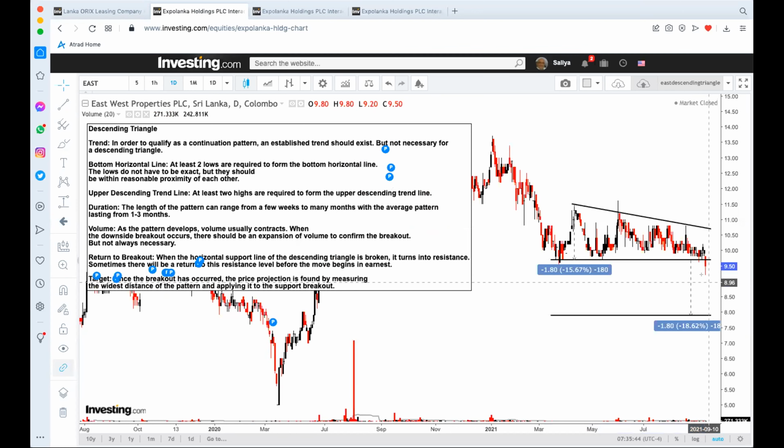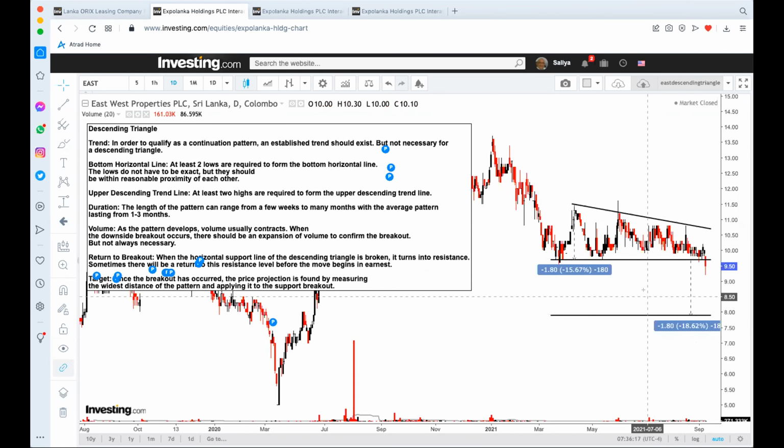But at the same time, just like the ascending triangle, there can be a throwback or retesting of the support before an aggressive or quick extension of the drop. Before that, there can be a retesting of the support that can happen. So the target is given like this. A retest can happen where it can go up to 970, test that level and come down.